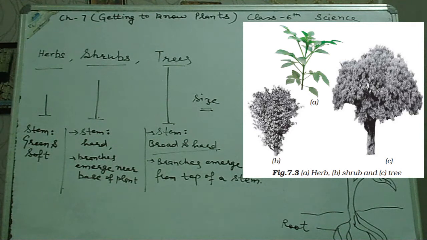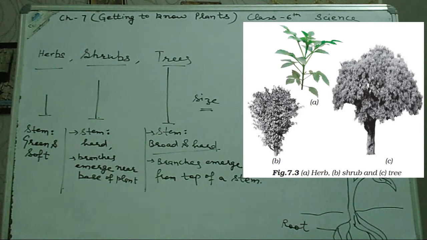There are many trees. If we see them in a hilly area, the trees attain very good height. We cannot even see their height in a hilly area, but in our plain area the trees attain a manageable height, a good height. So basically if we differentiate herbs, shrubs and trees, you have seen a tomato plant, that is a herb.